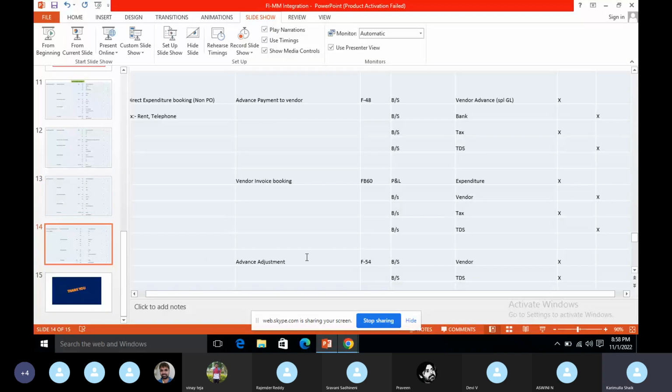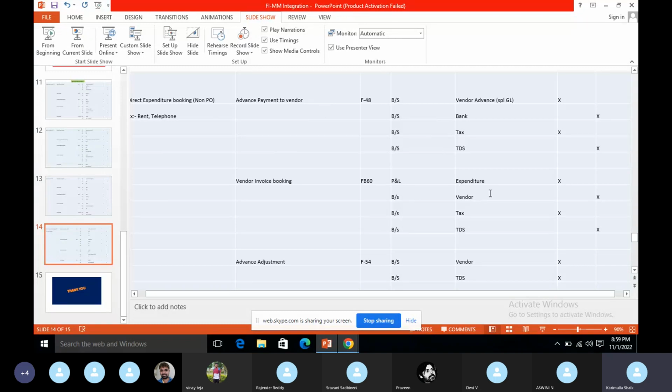Here I have mentioned direct expenditure, which until now was PO based. Now I have taken some examples of non-PO entries. Like we have regular non-PO entries which we get on a monthly basis, like rent, telephone bills, electricity, etc. For that, the advance payment entry will be the same.